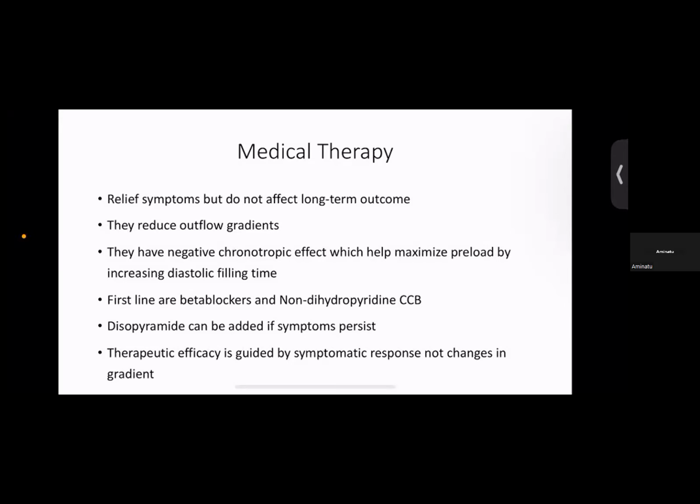These are usually the drugs that are used. Therapeutic efficacy is guided by symptomatic response, not the change in gradient. So once the patient starts feeling much better, symptoms are resolving, that means there is therapeutic efficacy, regardless of the change in gradient when we do an echocardiography.